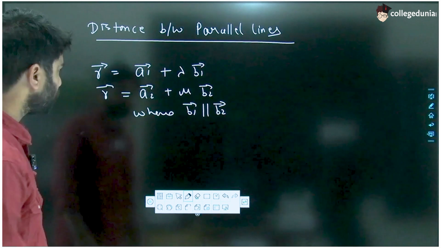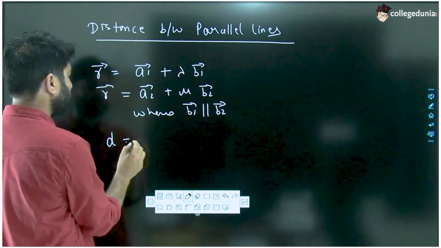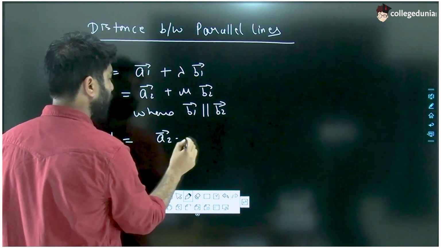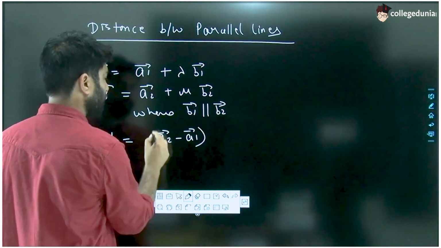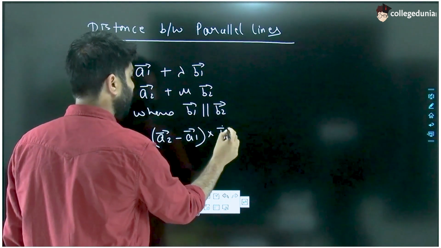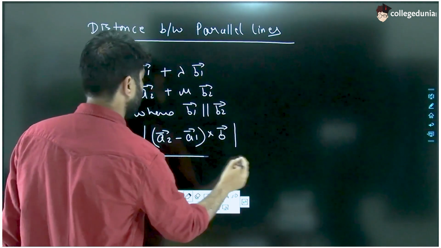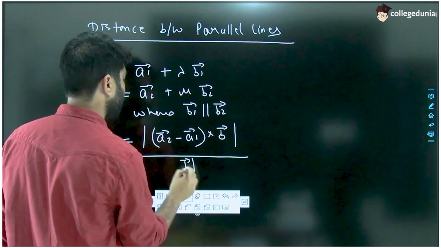Okay. And now the formula for distance between two parallel lines will be a2 minus a1 cross product with b vector and their magnitude, divided by the magnitude of vector b.